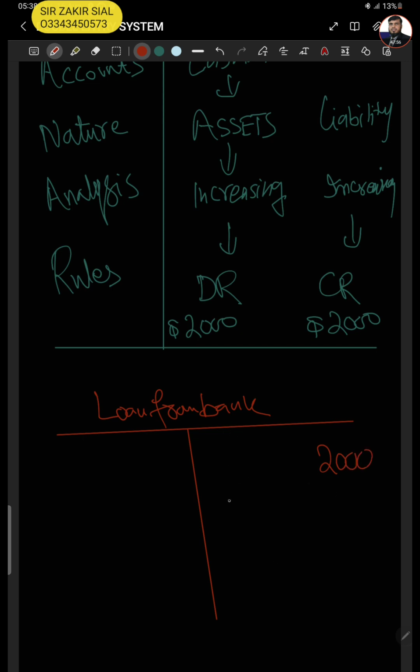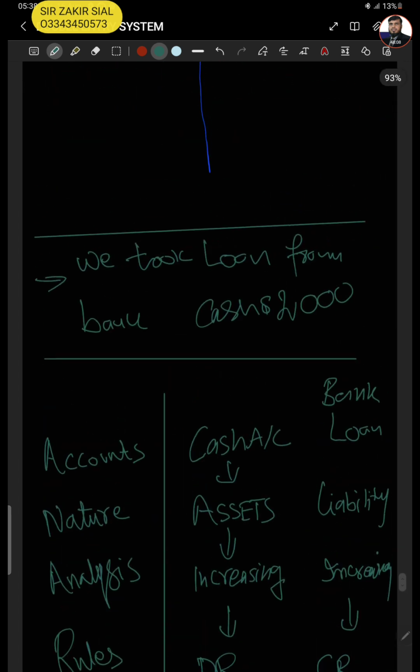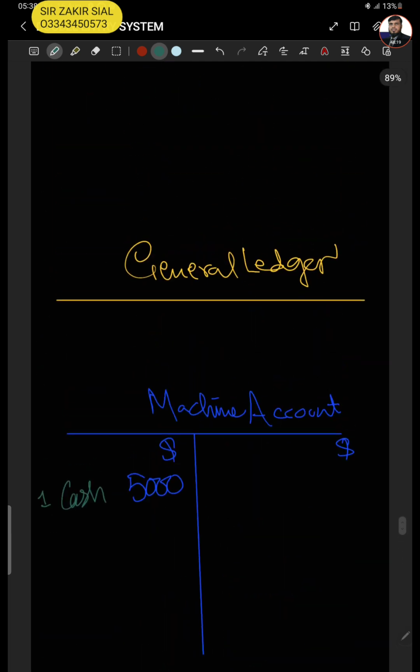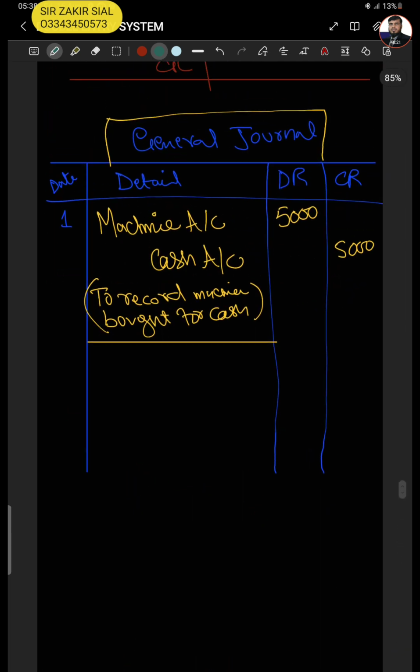We give the opposite explanation. In the bank account we write cash, and in the cash account we will write loan. If we pass the same entry in the general journal, we can pass this transaction.